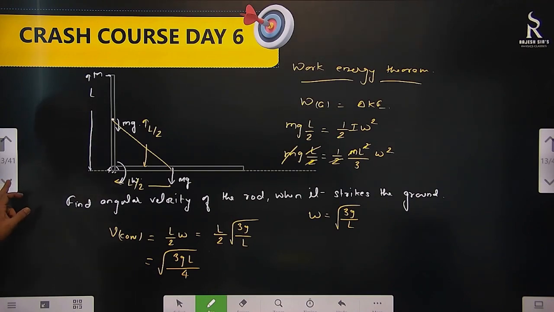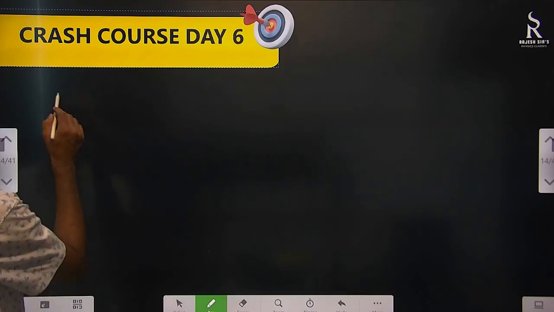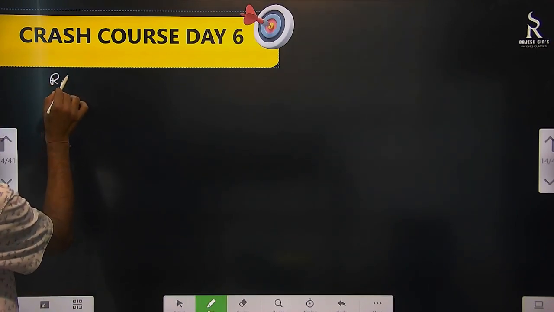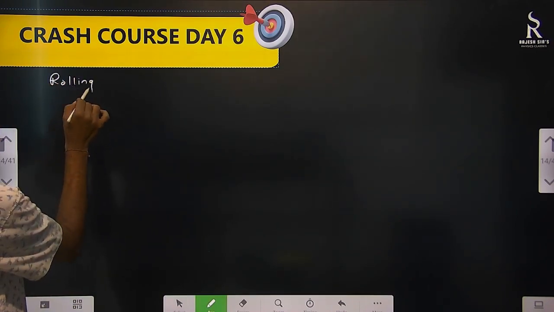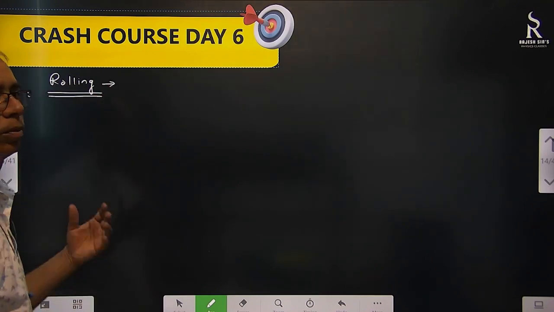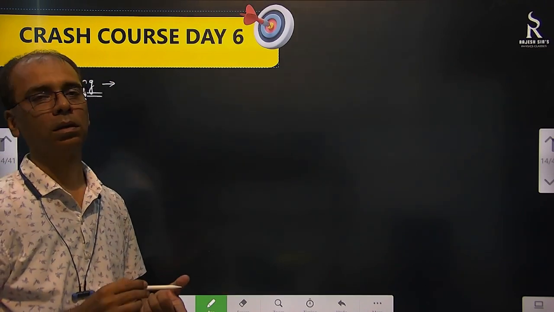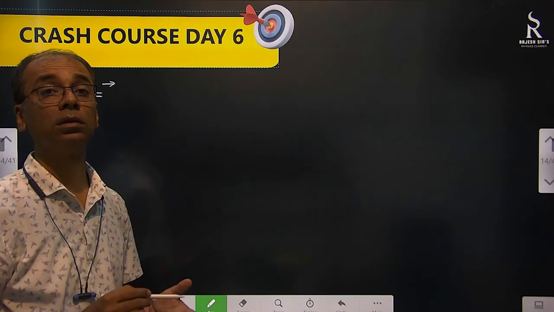Now we are going for rolling. In which type of bodies do we talk about rolling? Circular bodies: ring, disc, spheres, cylinders.